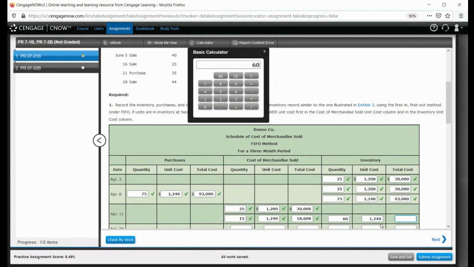And if we multiply 60 units that you have left over times 1240, that will give you 74,400.